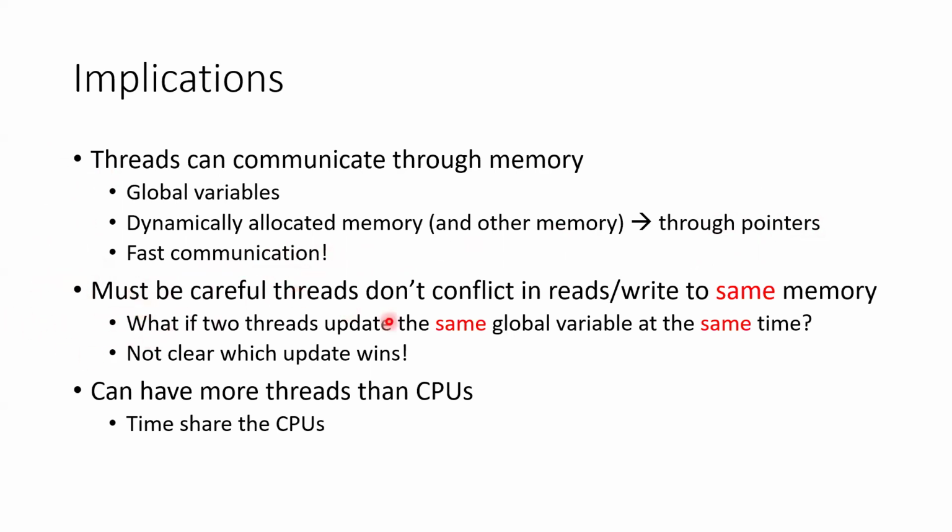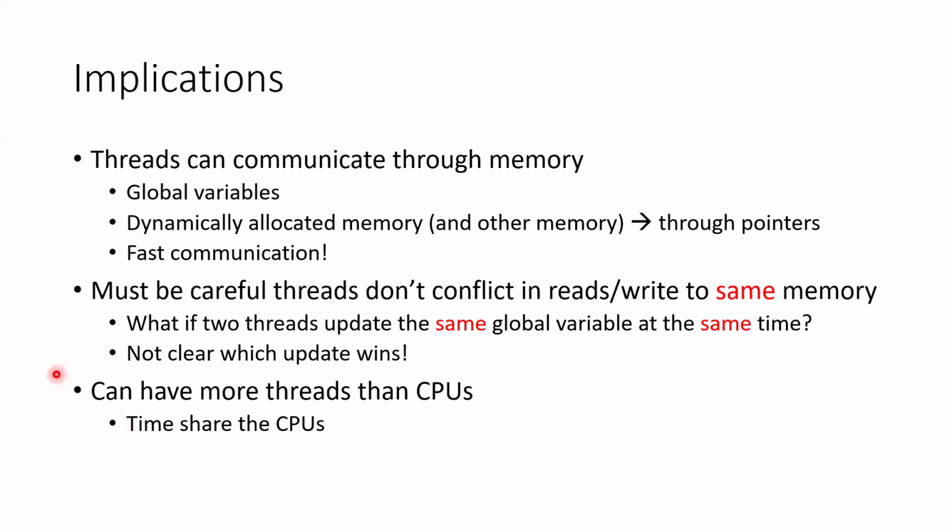But you must be careful that they don't conflict in reads and writes to the same memory. If two threads try to update the same global variable at the same time, you won't know which update wins. That's totally random, and it can mess things up.